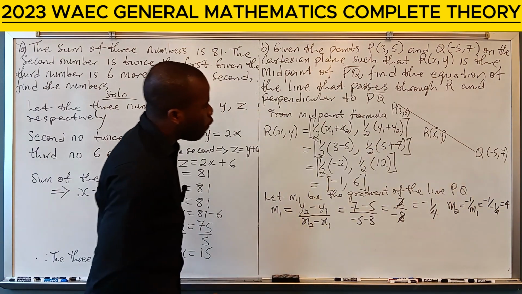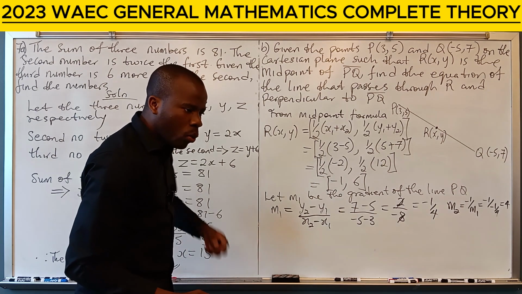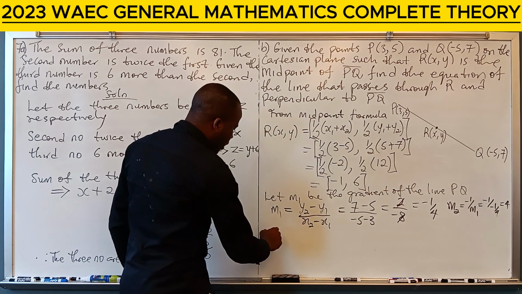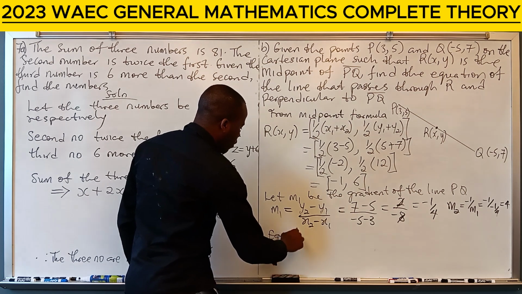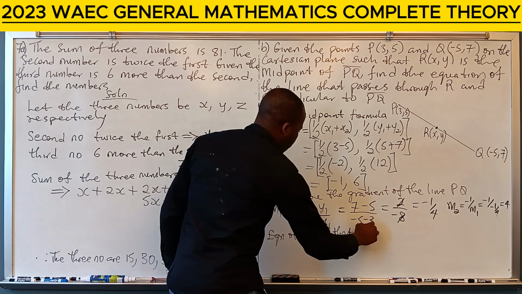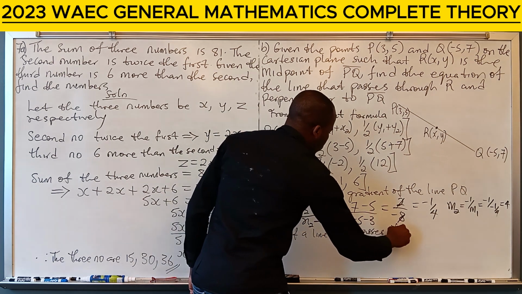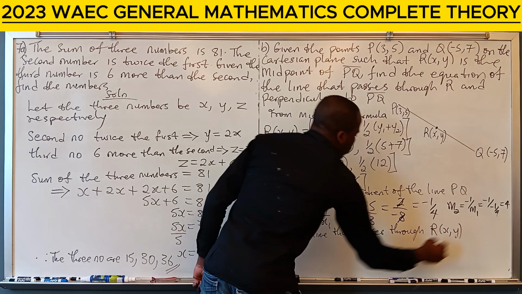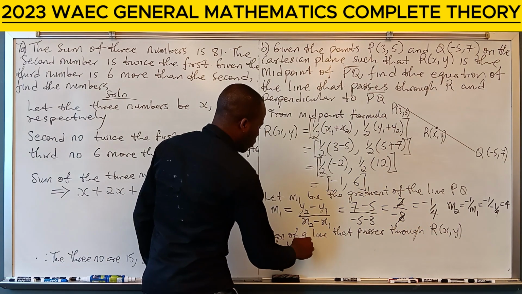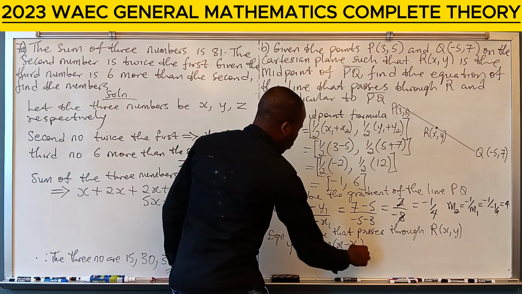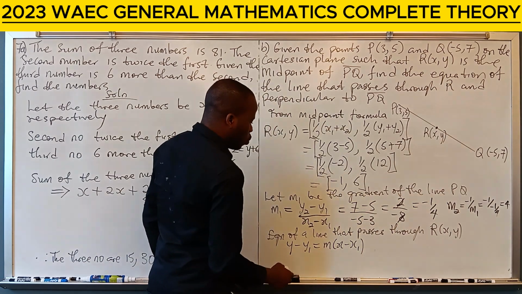Now, recall our formula for finding the equation of a line that passes through a point. The equation of a line that passes through a point R will be y minus y1 equals m(x minus x1), where this m is m2.